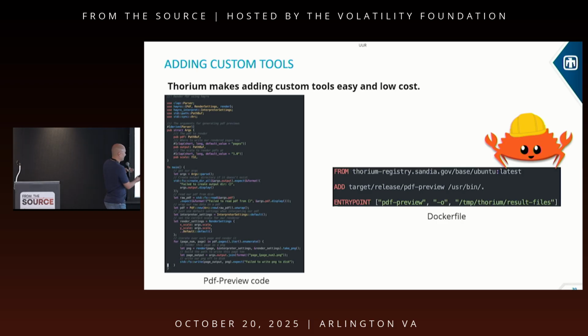All of this here probably too small. There is no special stuff there. We don't have anything tied to Thorium in the actual tool. You could pull this tool from the Docker container, run it on your box. It would do the exact same stuff.